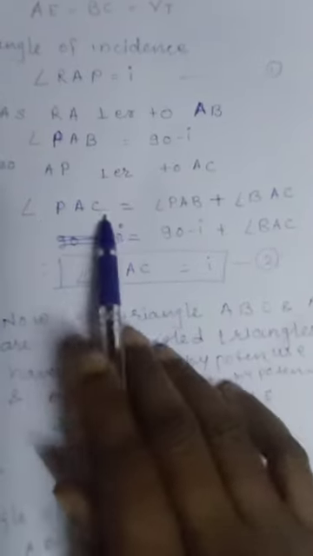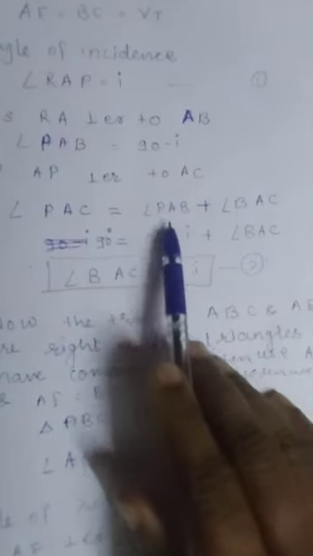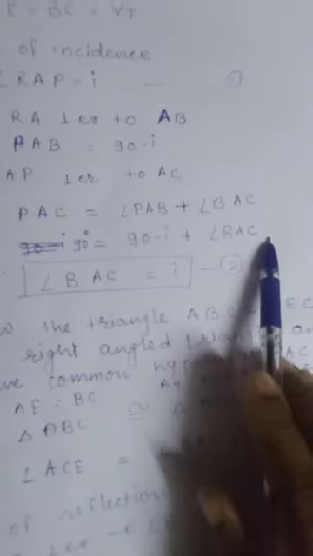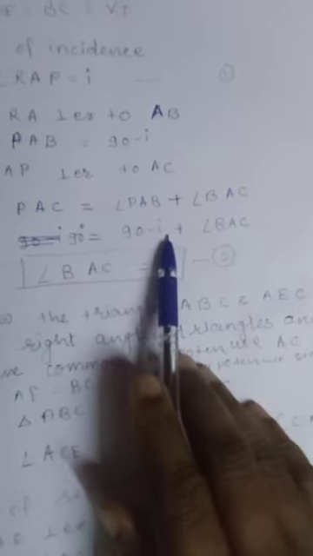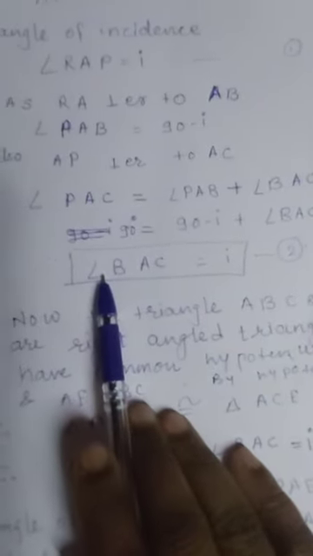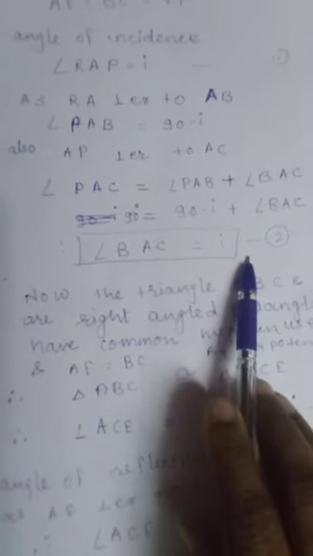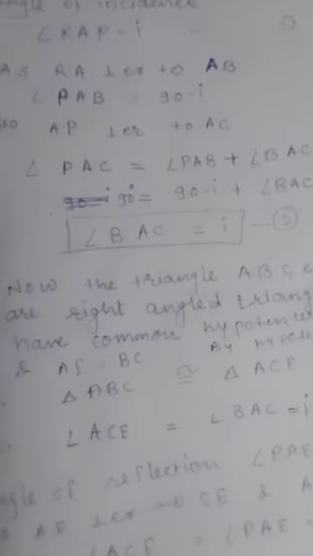PAC is 90 degree, then angle PAB is 90 minus I plus angle BAC. Now this 90 gets cancelled, remaining is I. So we can write angle BAC is equal to I. Is it clear? So angle BAC is I.